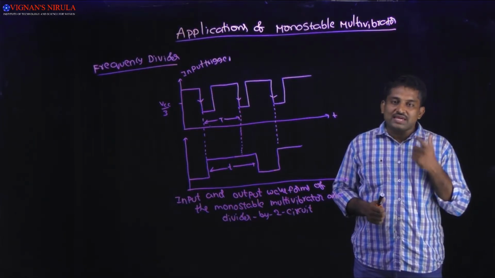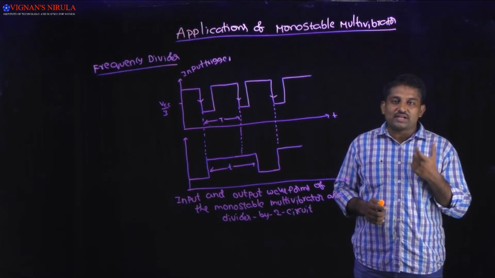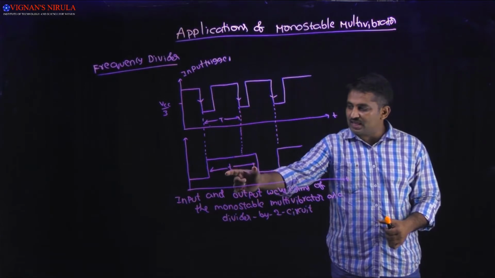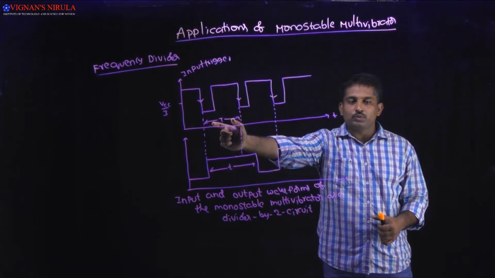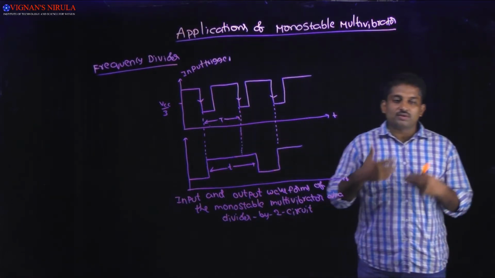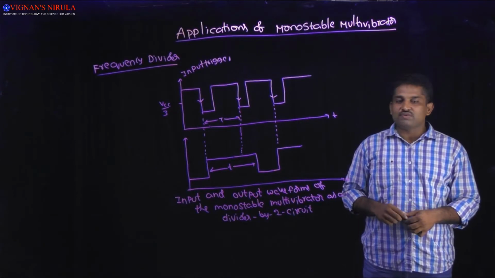So, by making the output pulse width time interval greater than the time period of the input pulse, we can treat this monostable multivibrator as a frequency divider.